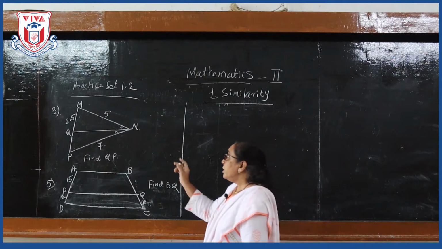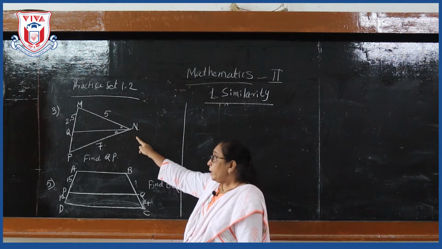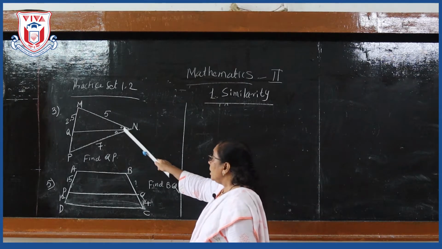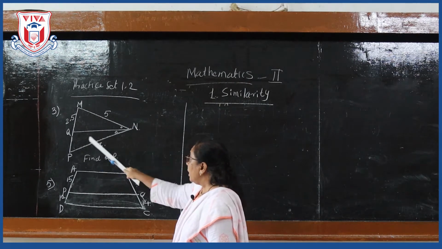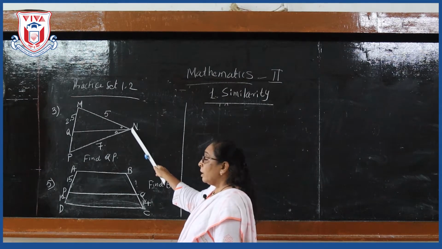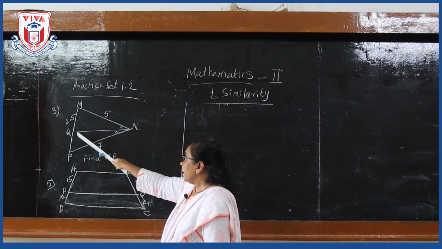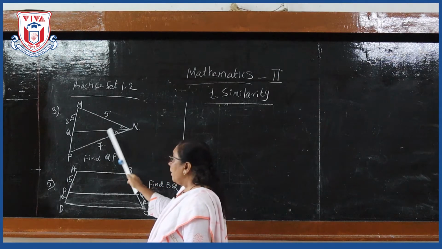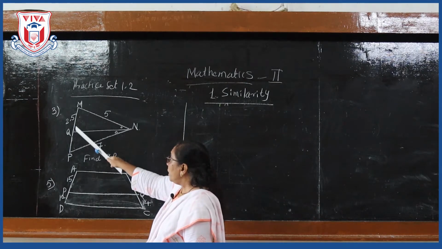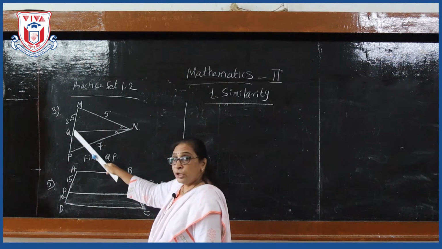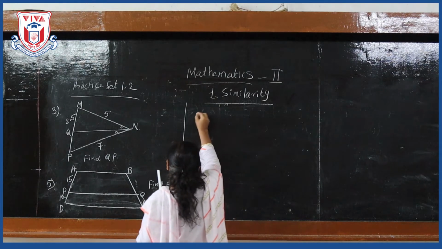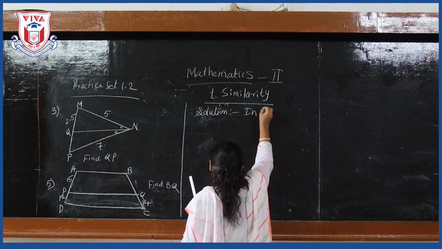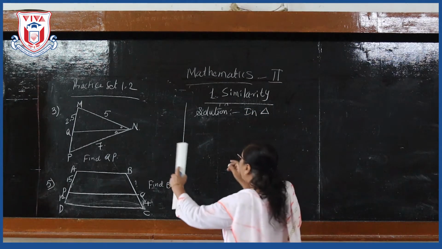Let us solve the examples based on property of angle bisector of a triangle. See, in this figure, triangle MPN, angle N is bisected. So NQ is the bisector, MN is 5, PN is 7, MQ is 2.5. We have to find QP. See the solution. First we have to write the given information in triangle MNP.